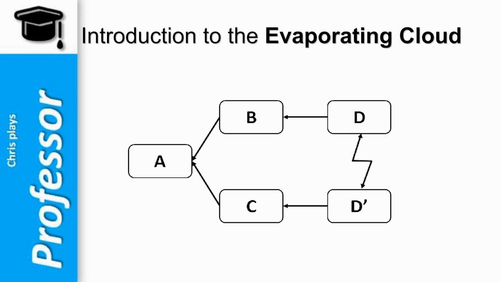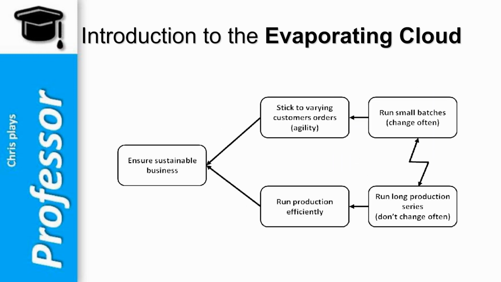Here is a classic example of a conflict in manufacturing. Sales need to stick to varying customer orders and demand more agility in production. This means run small batches and change often. Production needs to achieve productivity objectives and therefore wants to run long production series without frequent changeovers.